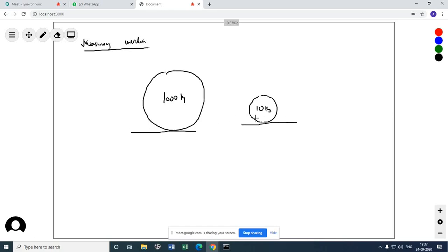Which one will be easy to roll? Sir, 10 kg. How can you say? Because of the mass, no? So the force will be less. Mass is the measure of inertia. Greater mass means what? More inertia.